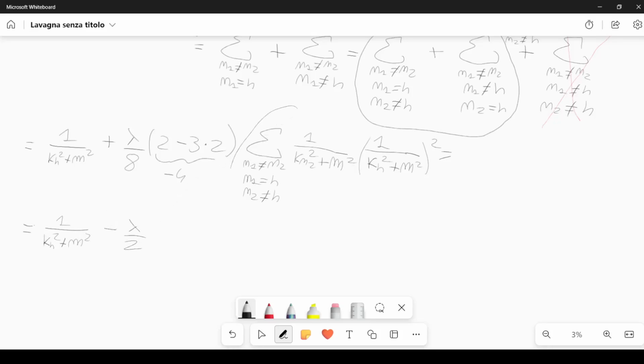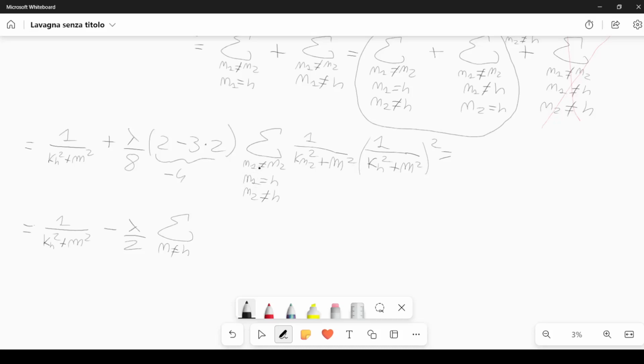And then this summation can be rewritten more properly because we can change the name of the variable n2 to n. So we can sum over n, and we have to make sure that n is not equal to h, because it's useless to use n1 in the conditions, since we know that n1 is equal to h.